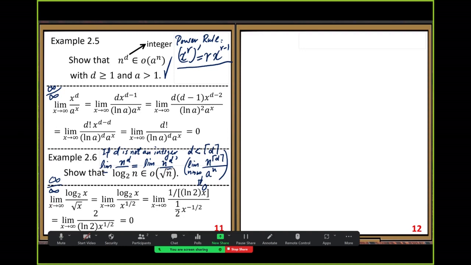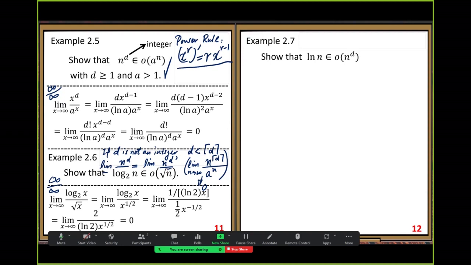Then we go back to the discrete variable version, and our conclusion is little o. Then the last example of this part, 2.7: natural log belongs to little o of n to the d, a power function.